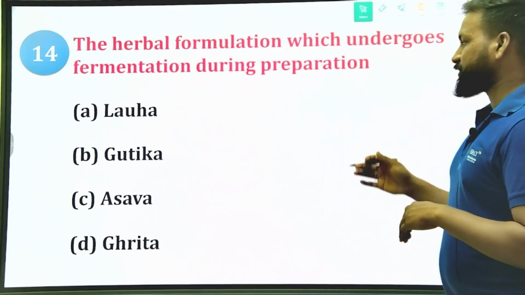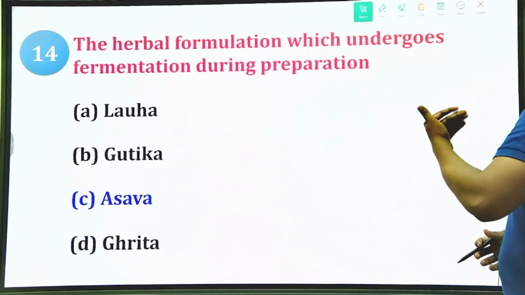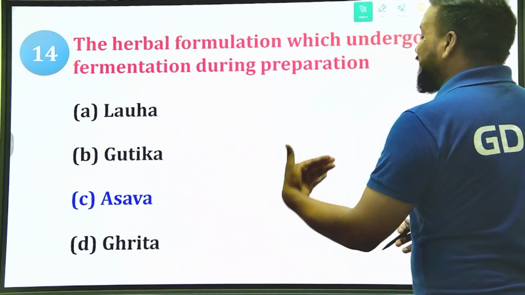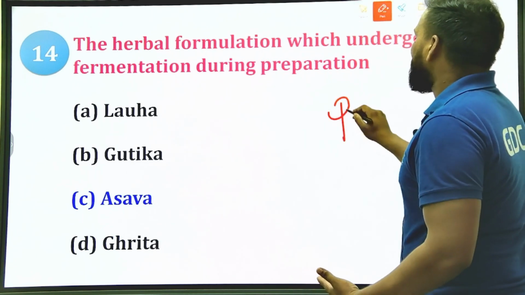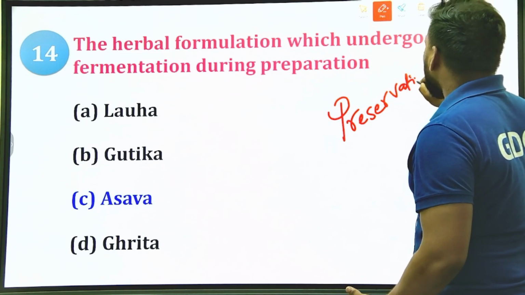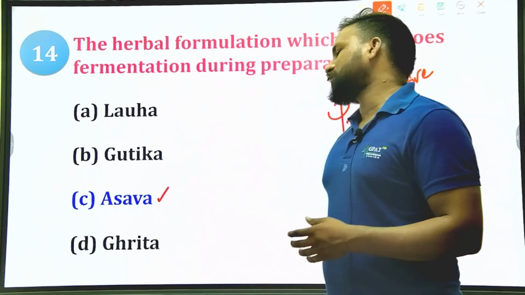Clear? So the answer is Ashava, because this formulation will undergo fermentation to get this self-generating alcohol, and that alcohol acts as a preservative. Okay, asavas or the alcoholic preparations. Try to remember from this asava point of view. You can get so many questions.